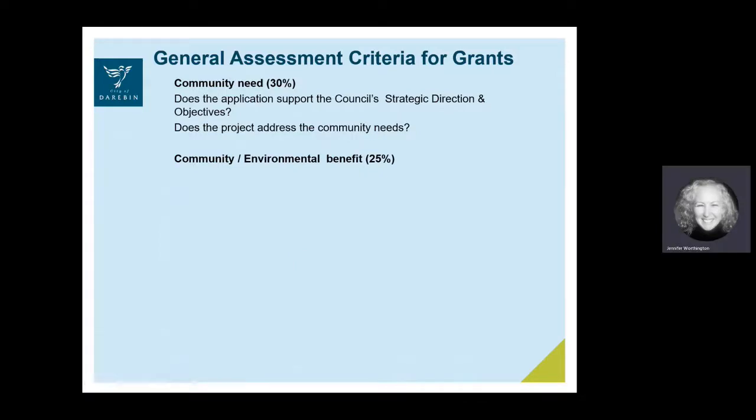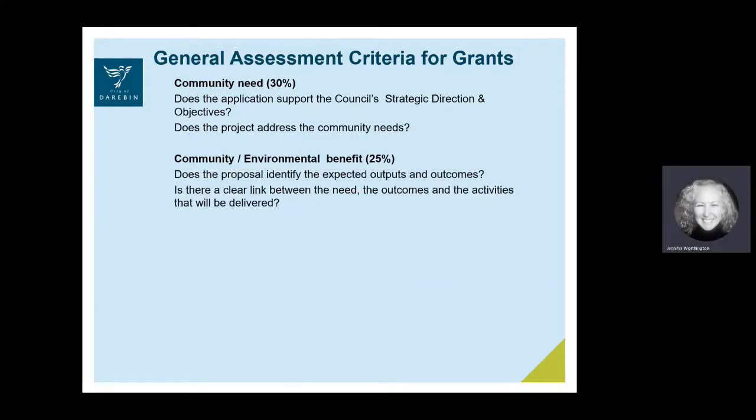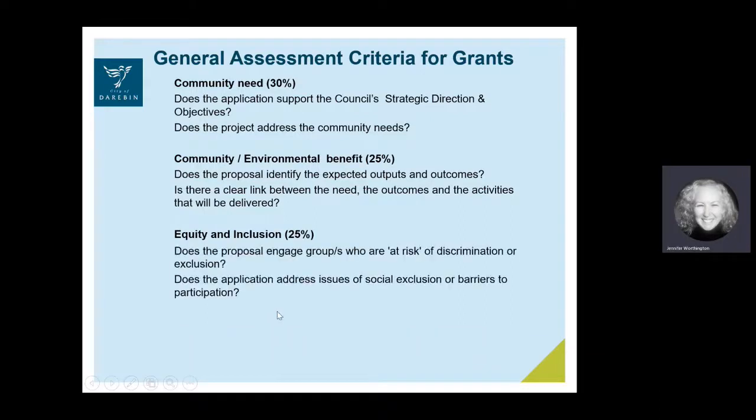Community environmental benefit. So does the proposal identify the expected outputs and outcomes? And is there a clear link between the need and the outcomes of the activities that will be delivered? Equity and inclusion. How you're engaging groups that are at risk of discrimination or exclusion. And also the issues of social exclusion or barriers to participation.